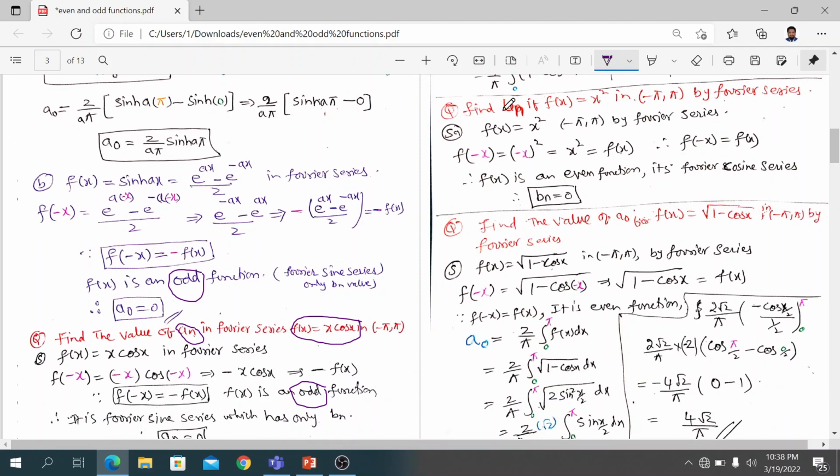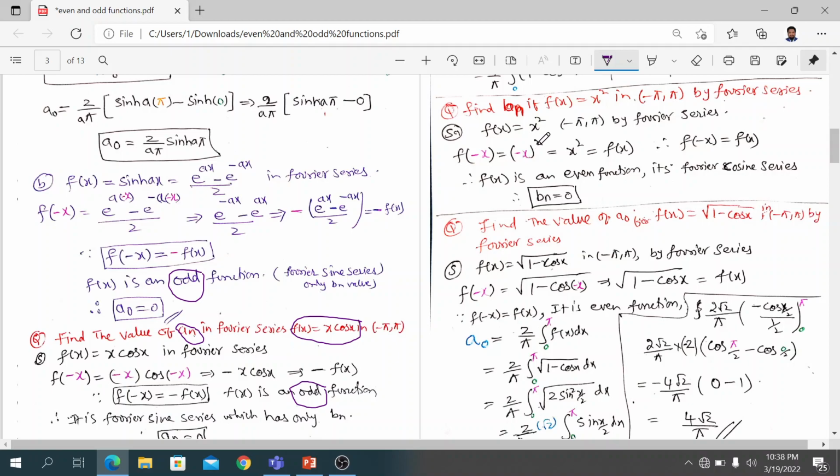Find bn if f of x is equal to x square in minus pi to pi by Fourier series. F of minus x is minus x whole square.